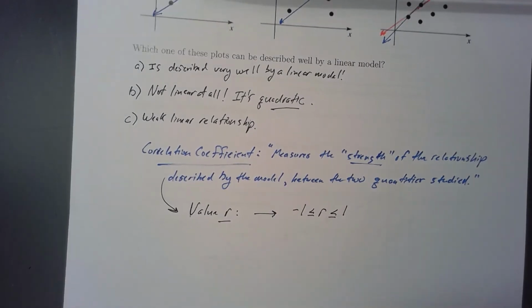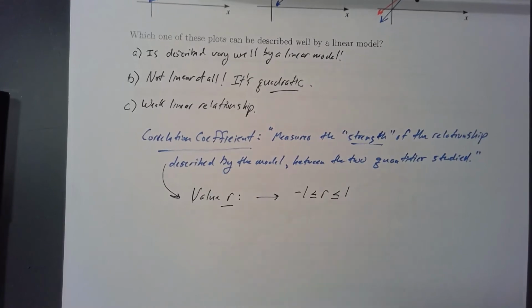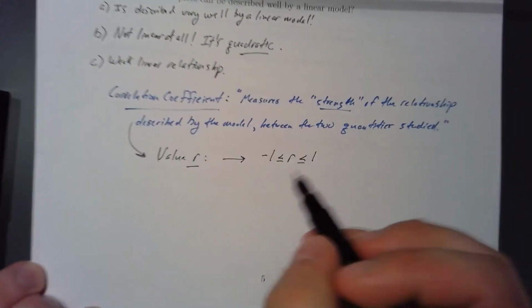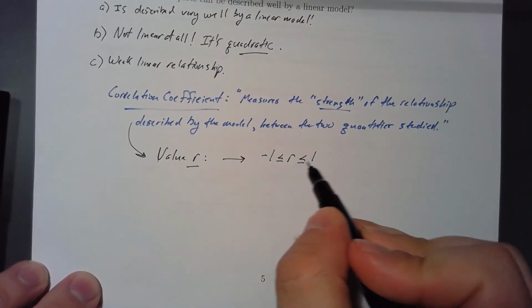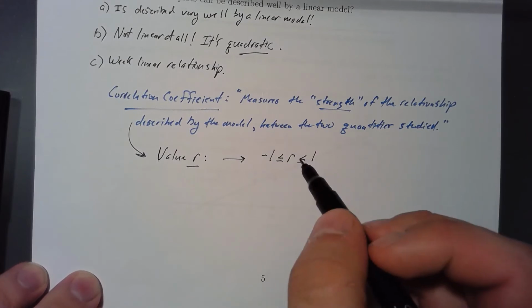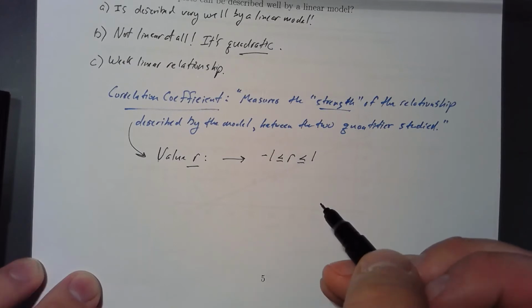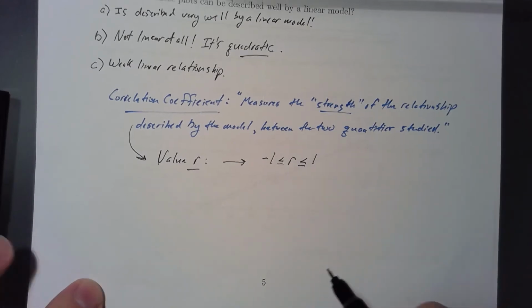R could be any value between -1 and 1. What does that mean? It means that the closer R gets to 1 or -1, the stronger the linear relationship is. The closer it gets to 0, the weaker the linear relationship is.